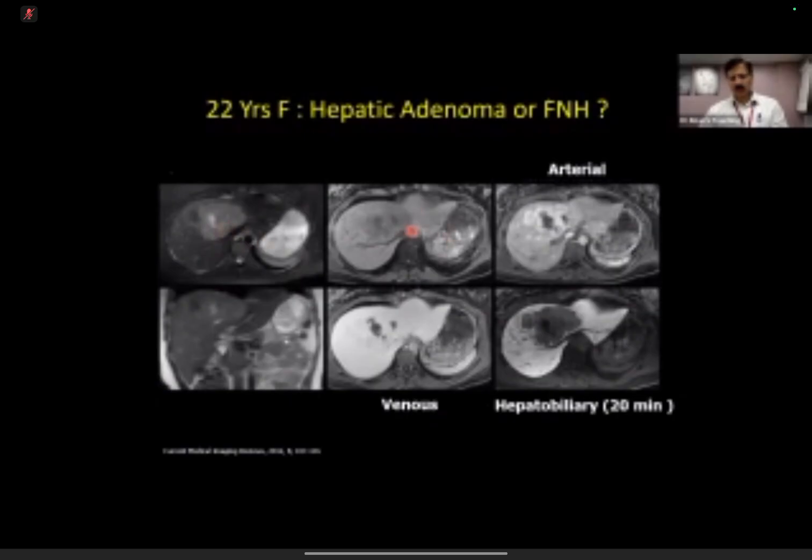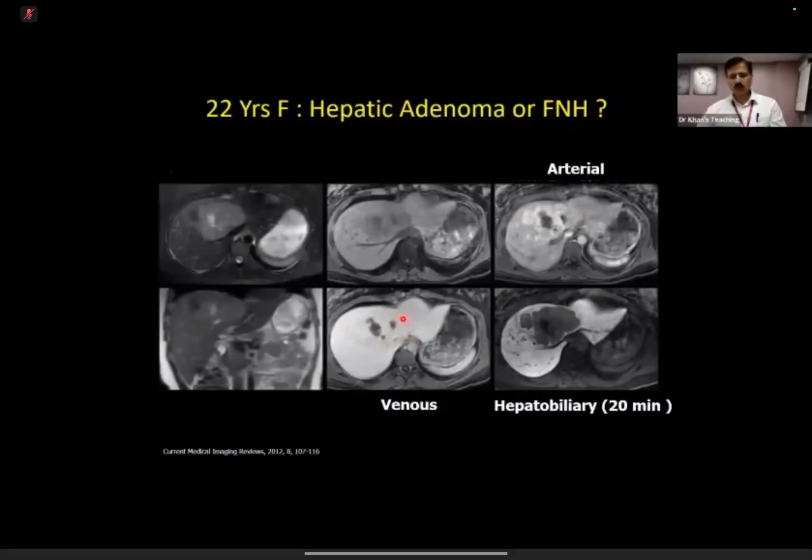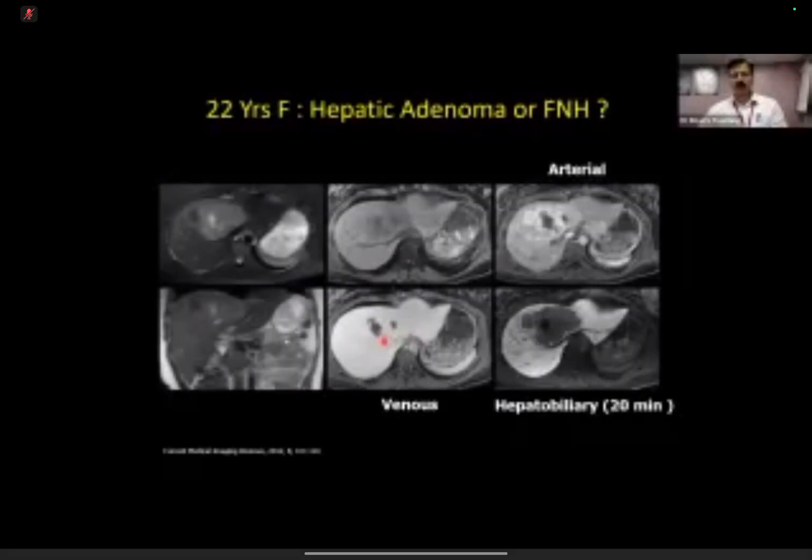Now this is a non-enhanced. Arterial phase, there is a bit of enhancement. Venous phase, there is no washout. Till now, we are quite confident that this is, according to our principle, because there is no washout, a benign lesion. And then in the hepatobiliary, it shows washout. Look at the parenchyma. It retains contrast to a level and it completely washes out.